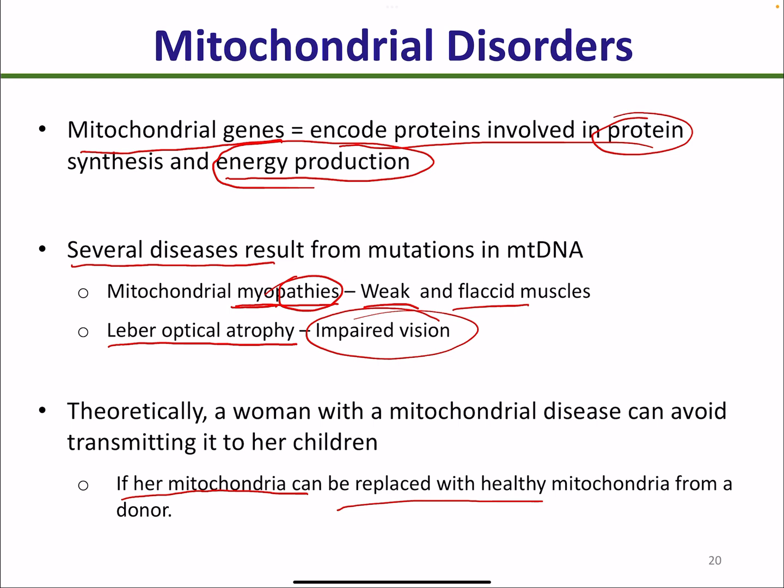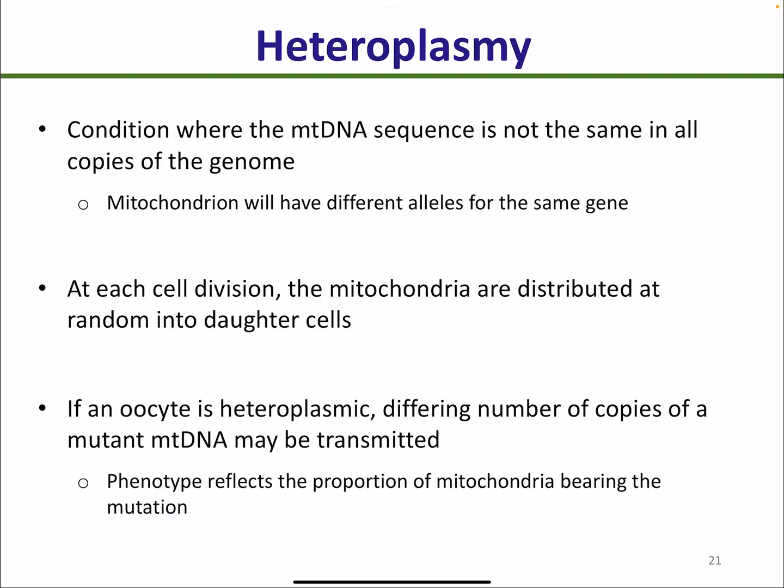But what is the chance? What is the chance that in an egg we can replace all defective mitochondrial DNA, right? Technically, we can extract the mitochondria and replace them with the normal ones, but that's in theory, right? That's in theory.